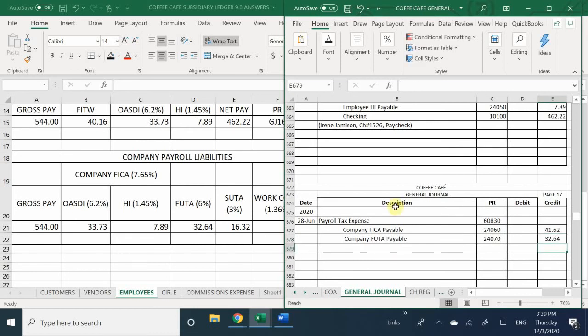Okay. And then what is after that? Then we have the SUTA, the company SUTA payable, 24080.